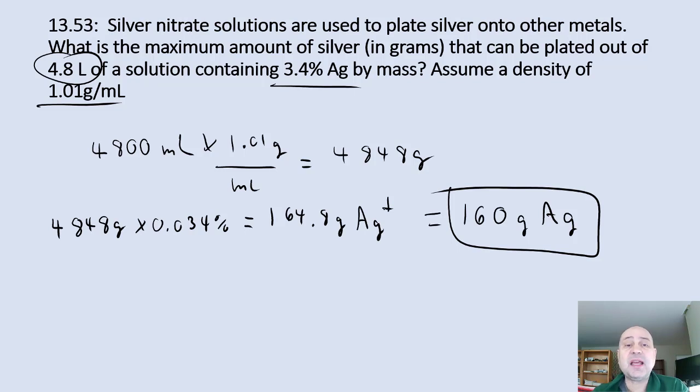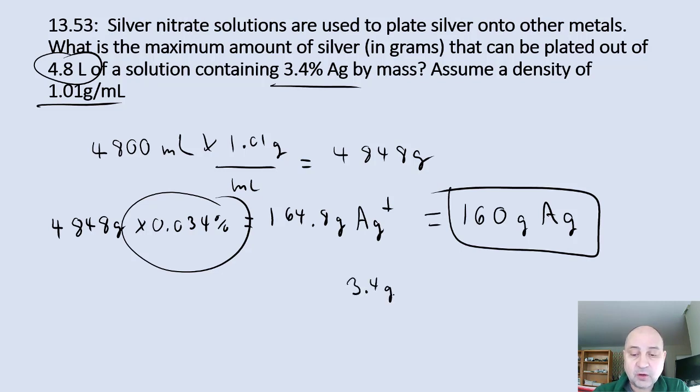If you have a percent, you can actually use that as a conversion factor. I want to show you that. So you can work this a little differently. Rather than applying the percent, you can actually play the unit game the way I've shown you over and over, factor dimensional analysis, right? Because what this means is that there are 3.4 grams of silver in 100 grams of solution.